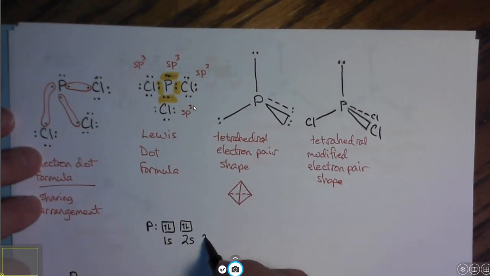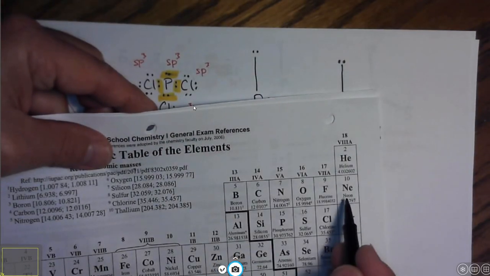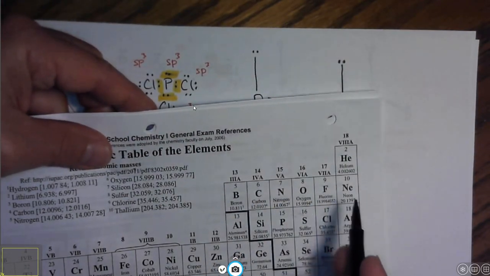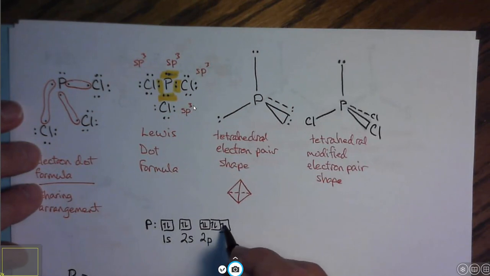P sublevels have 3 orbitals. I'm trying to get down to phosphorus, so all of this has to be full: 1, 2, 3, 4, 5, 6. One in each box, and then you go back and pair up.